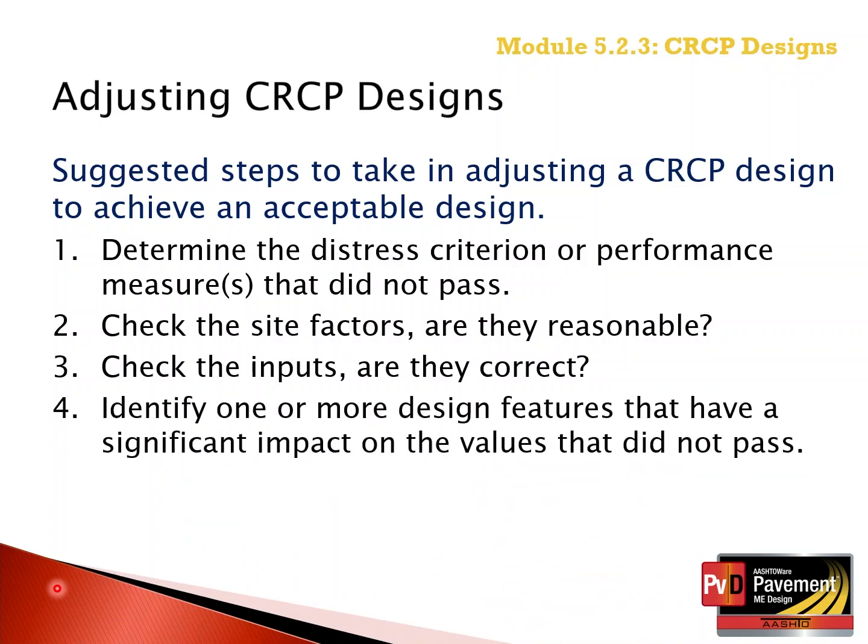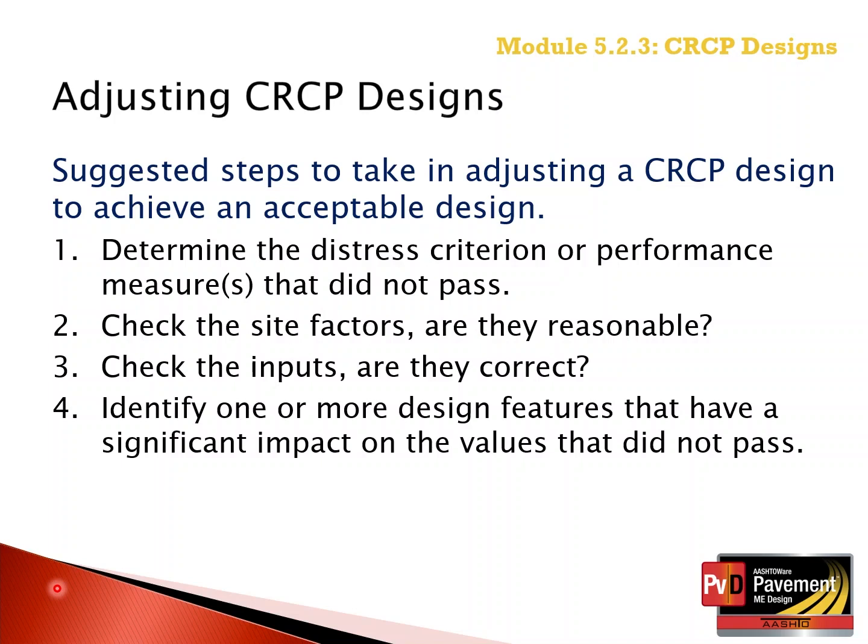The fourth is to identify one or more design features that have a significant impact on the values that did not pass. However, it's not suggested that you change multiple design properties or features at the same time unless you're using the optimization feature in the software.